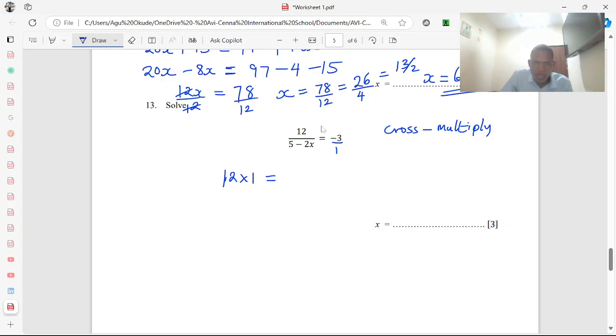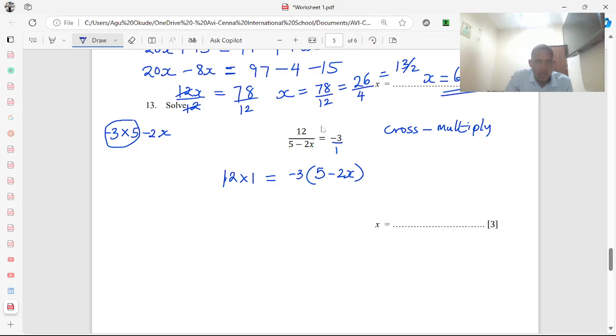Now I will use -3 to multiply this expression. What I have there is 5 minus 2x. The reason why I put a bracket is because if you write -3 times 5 minus 2x, this is wrong, because your -3 is multiplying only the 5.